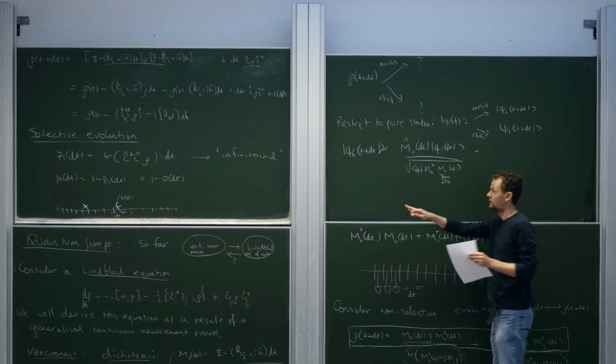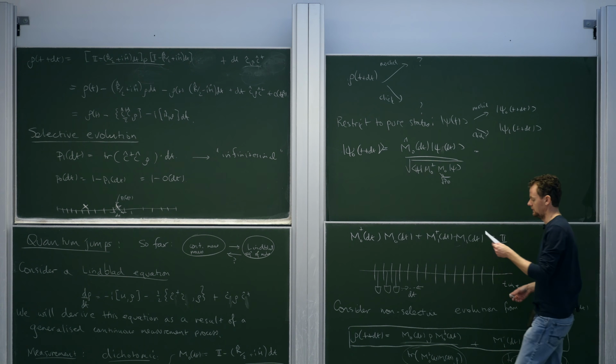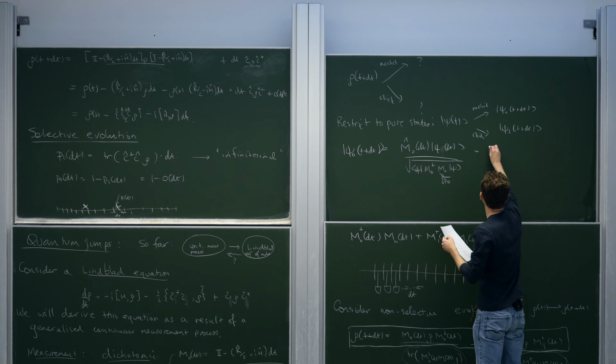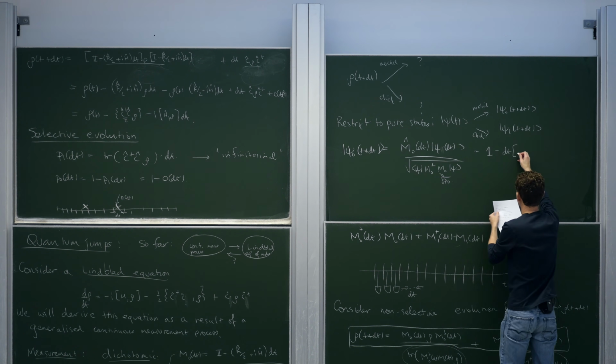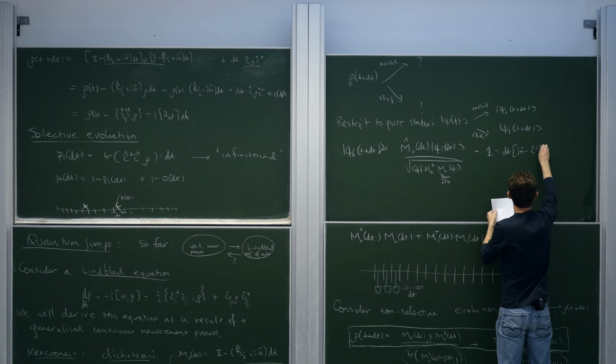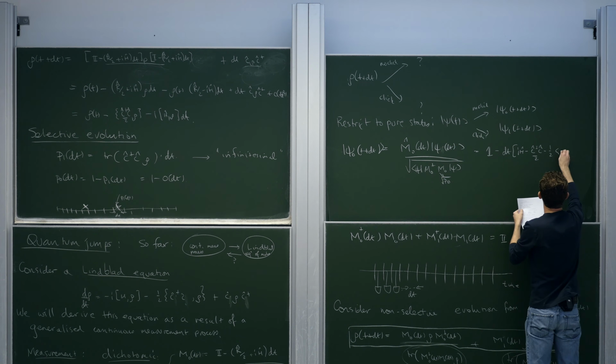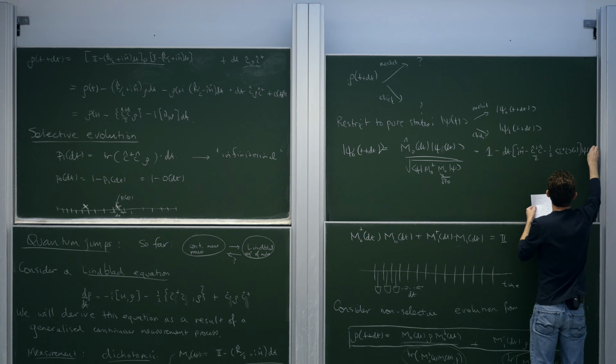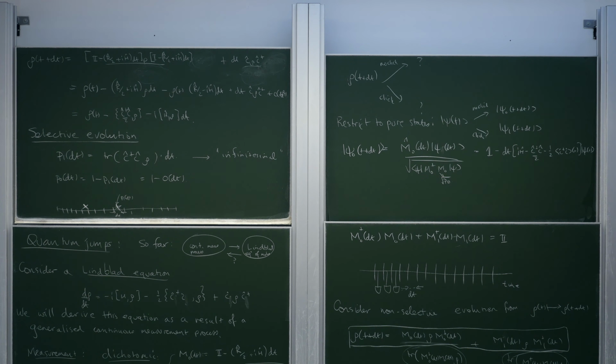If you insert the equation we have for M0, there's a relatively horrible expression for this, if you Taylor expand to order dt.